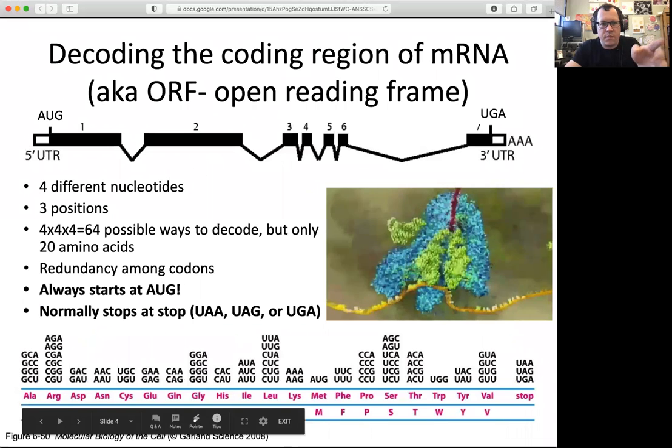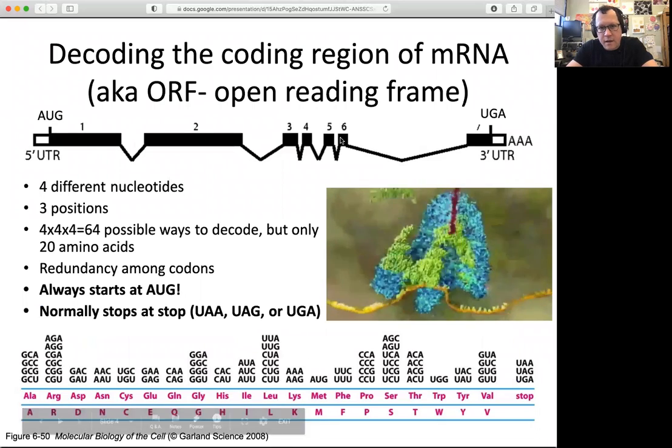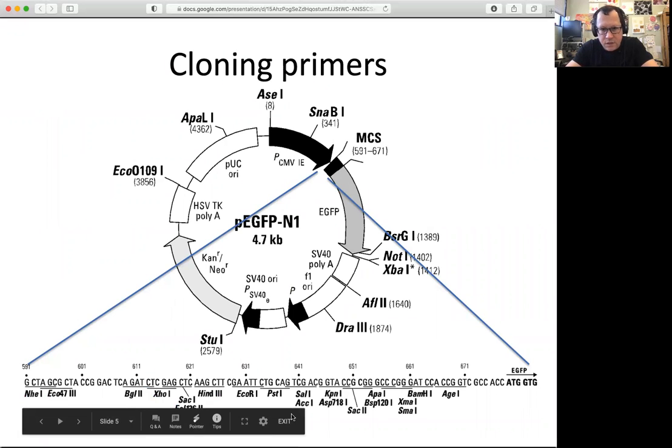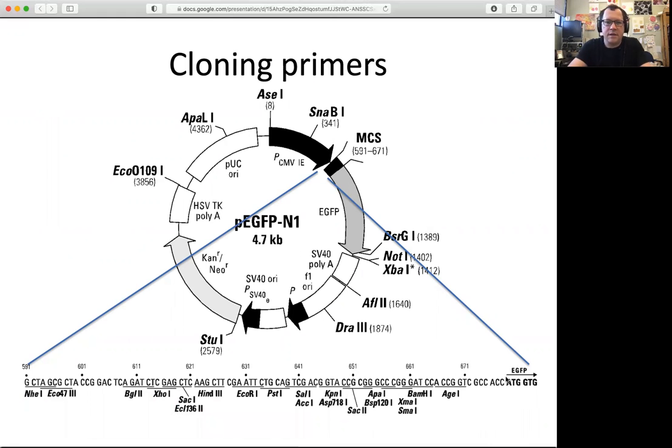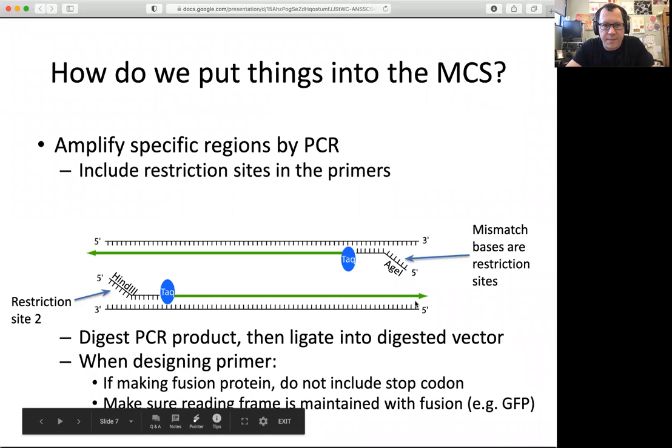When our ribosome hops on and starts decoding, this insert is going to be in the plasmid inside this region, so it gets decoded along there, and eventually it's going to run into that GFP and make one giant protein with a GFP on the end of it.